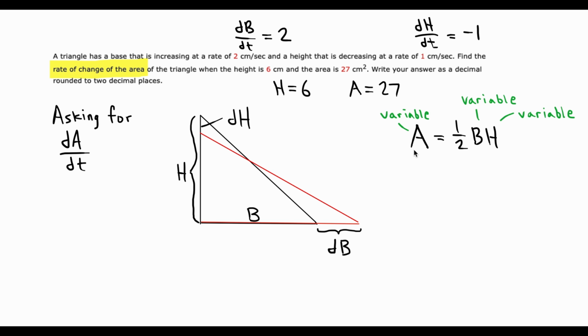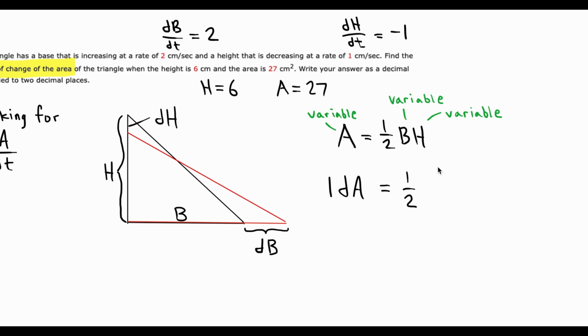I'm figuring the derivative of just a variable is going to be 1 dA. But when you do the derivative of b times h, that requires product rule, because it's two variables multiplied by each other.